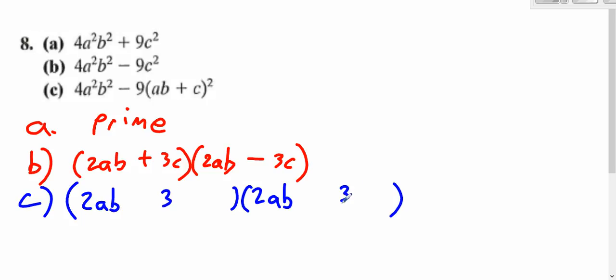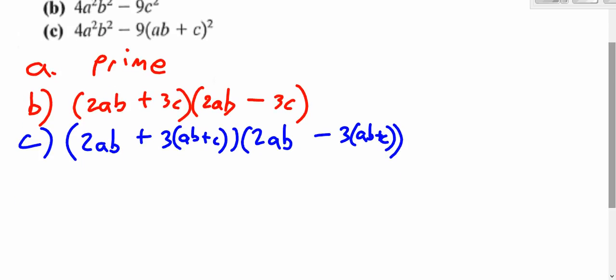And then the ab plus c squared means, since that's what's being squared, they each get an ab plus c. One of them's positive, one of them's negative. And again, we have parentheses inside parentheses. I think we would have some like terms if we multiply this out and combine it.